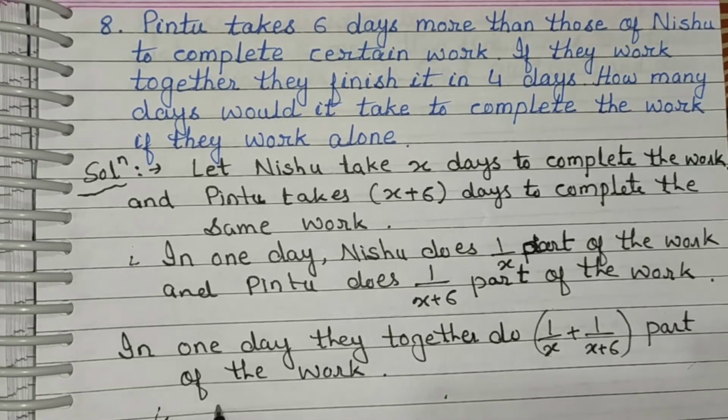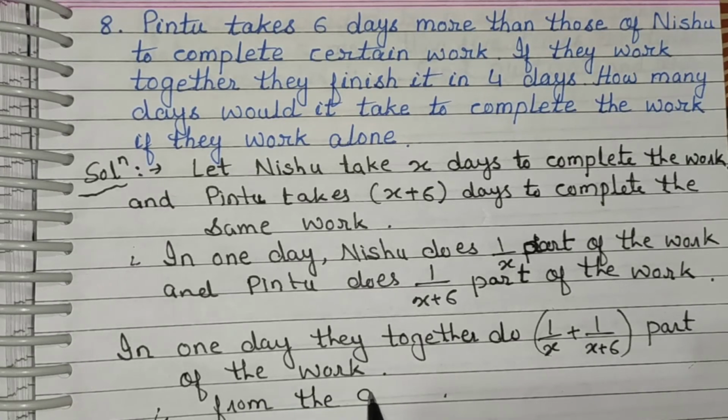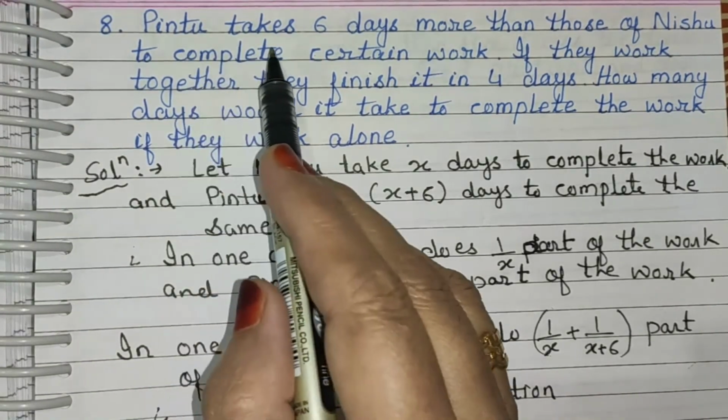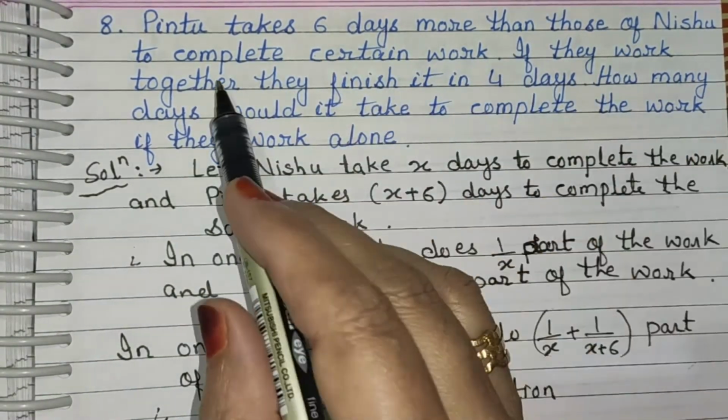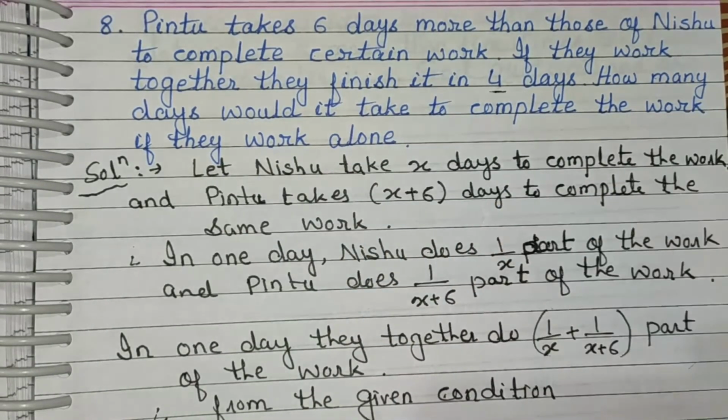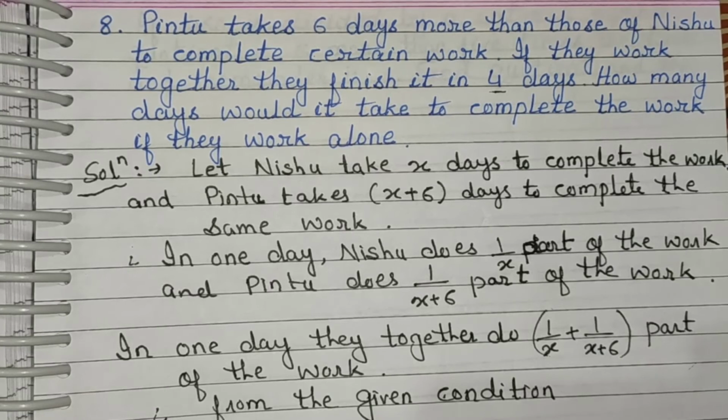Therefore, from the given condition, Pintu takes 6 days more than those of Nishu to complete certain work. If they work together, they finish in 4 days. Therefore 1 upon x plus 1 upon x plus 6 is equal to 1 upon 4.